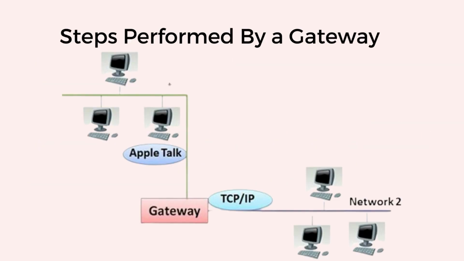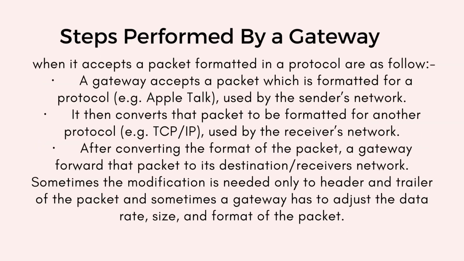The steps performed by a gateway when it accepts a packet formatted in a protocol are as follows. A gateway accepts a packet which is formatted for a protocol, example: AppleTalk, used by the sender's network. It then converts that packet to be formatted for another protocol, example: TCP/IP, used by the receiver's network.